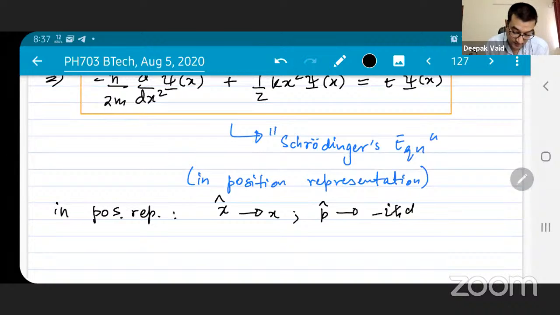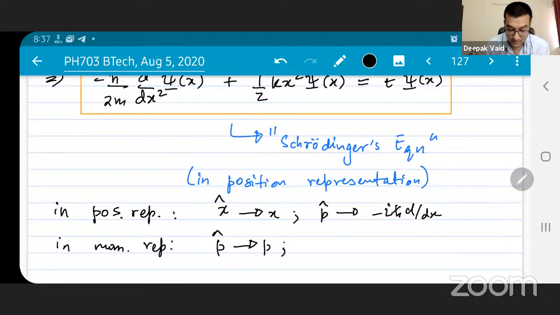I'm sorry, my writing is coming out so bad. And in the momentum representation, what happens? Your P operator just becomes the number P.